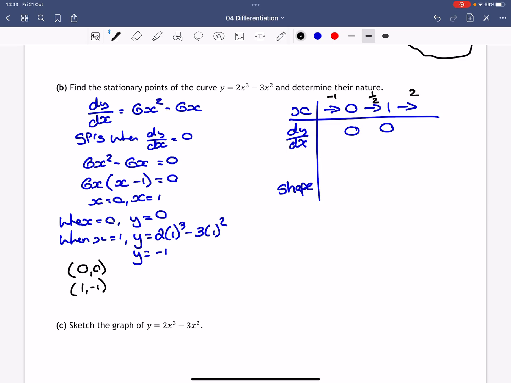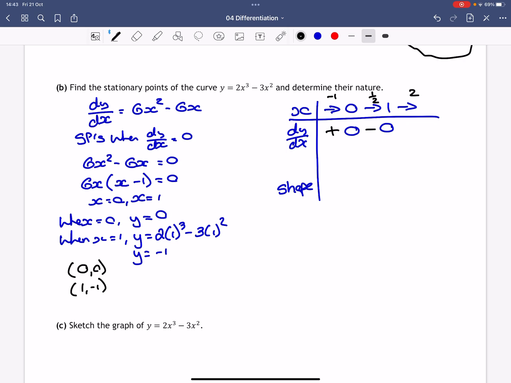Okay. Sub these values into the derivative. So it's going to be 6 plus 6, which is 12. So it's going to be positive. Put a half in. A half squared is a quarter. So it's going to give me 3 over 2 take away 3, which is negative.